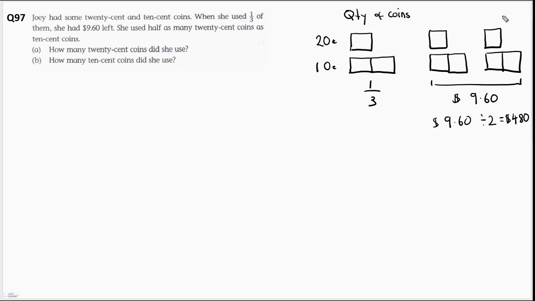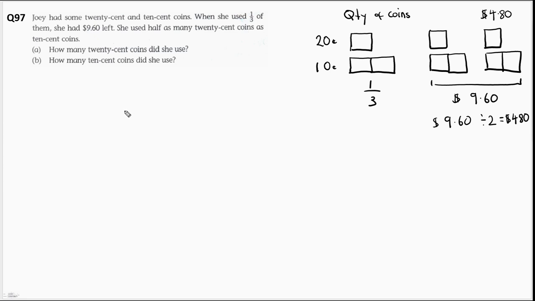So let's say one of these has a value of 480. Then what they've done is use that as the basis, basically using guess and check, to see how we could use coins in these proportions to make 480.